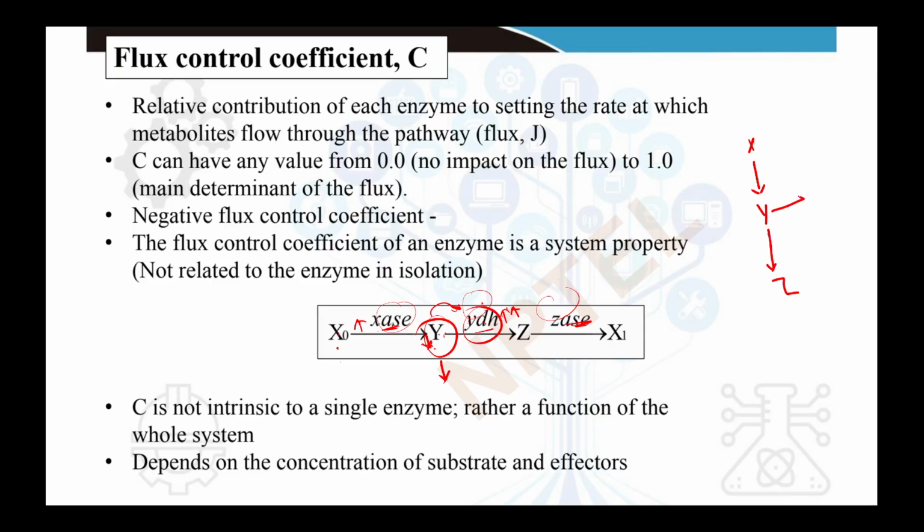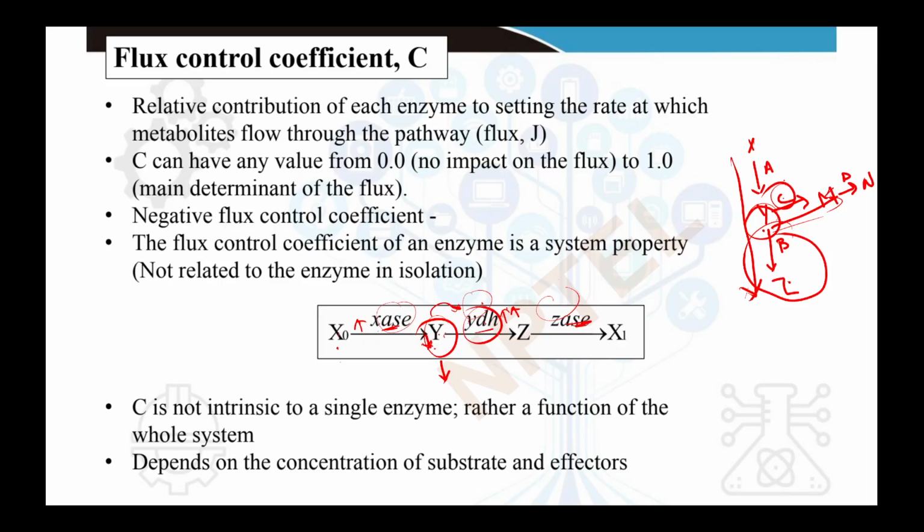Now there's one more pathway branching here where Y is making M and N. And let's say the enzyme here is A, enzyme here is B, this is C, and this is D. So now if the enzyme concentration C increases, that means automatically the pathway that is making Z will be down-regulated because all the substrate Y that is required for making Z is diverted towards another pathway that is going towards M and N.